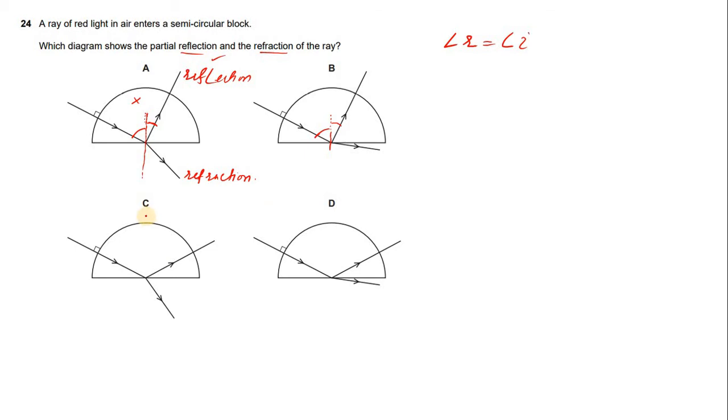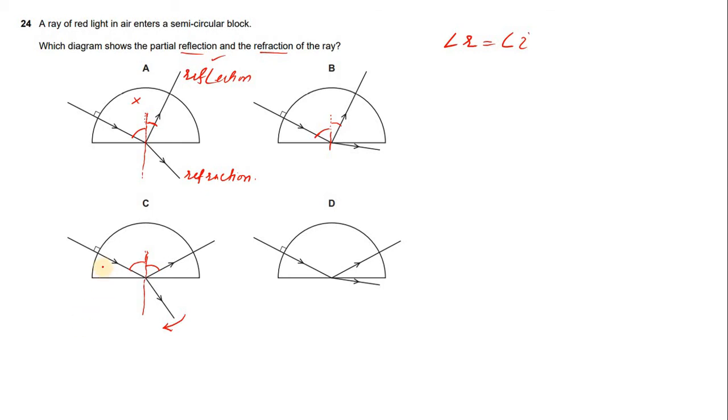Diagram C, yes, it looks like the incident angle is equal to the reflected angle. So they seem to be equal. But the problem is the refraction. This is the refracted ray moving towards the normal, and we have a refraction from glass to air.